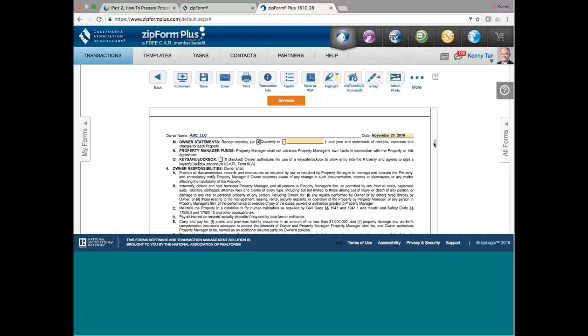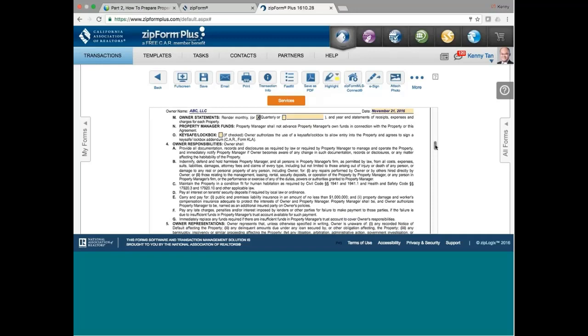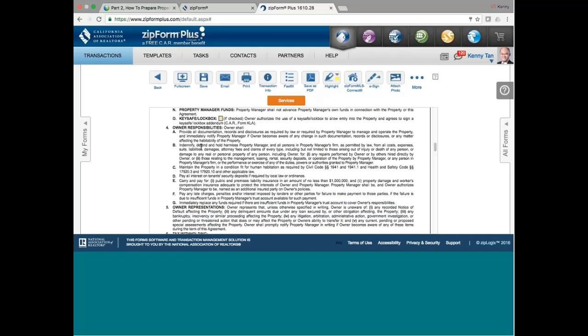Okay? All right. Owner's responsibilities. Owner's supposed to cooperate and give out the disclosure records, and supposed to hold property managers harmless. That's always good to protect the agent. Maintain the property in a condition fit for human habitation, sure.